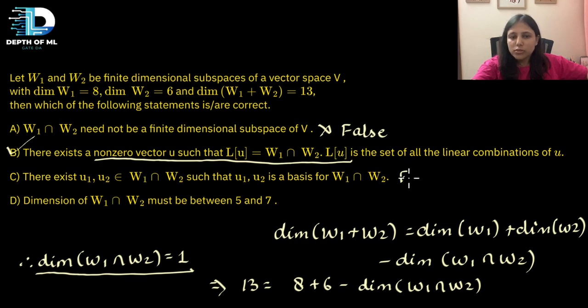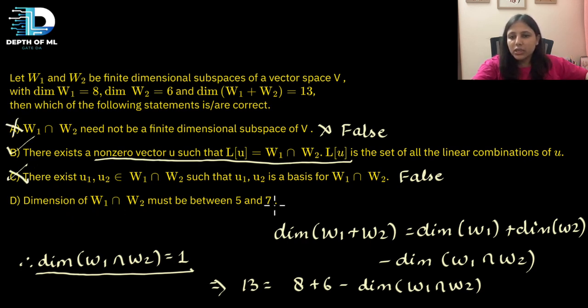So this is false. The basis cannot have more than one vector. It will have exactly one vector in the basis. So this is false.